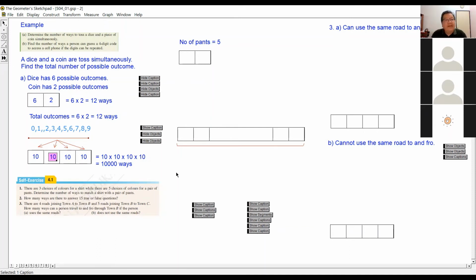No. Number 10 means there are 10 ways of filling up this first box, and so on, right? So using the multiplication principle, I'm going to multiply all these tens together, and I will get 10,000 ways. Okay, 10,000 ways. Any question so far?